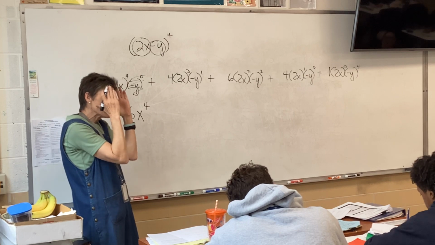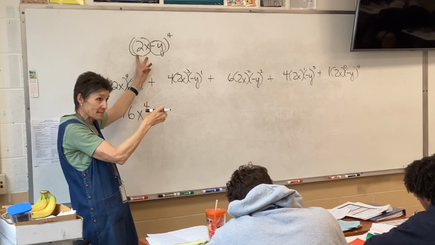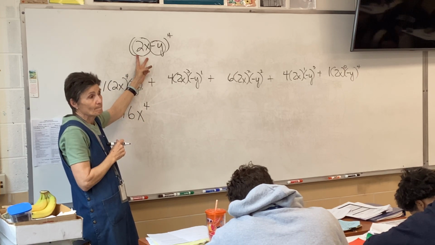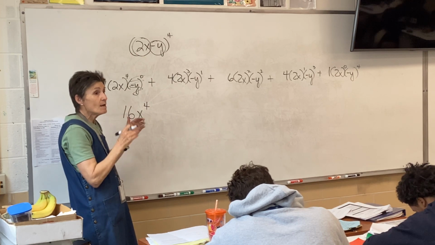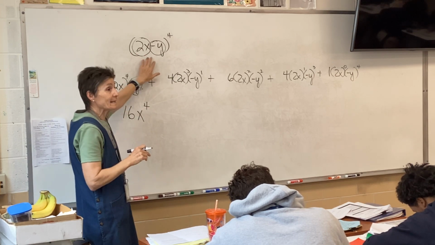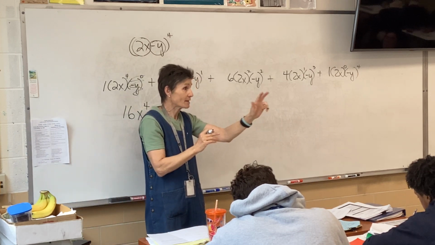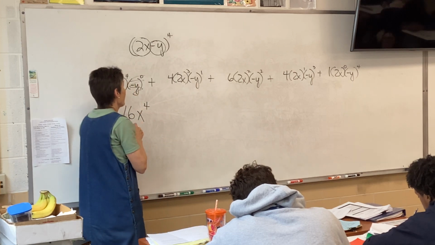Kids, the entire term, the entire piece of the binomial goes to the 4th power. So it's 16x to the 4th. Think about FOILing this out 4 times. Wouldn't you have a 2x, 2x, 2x, 2x? Yes.